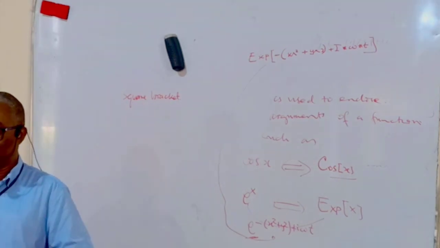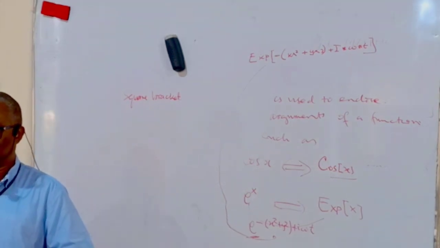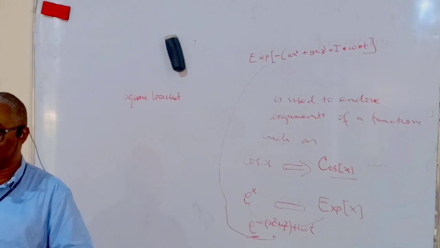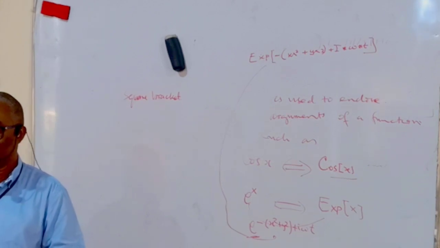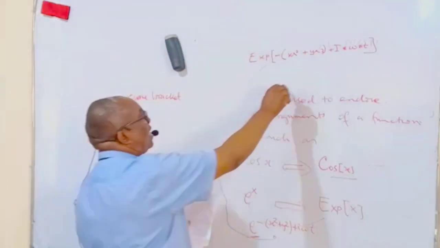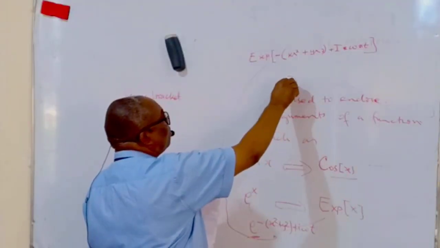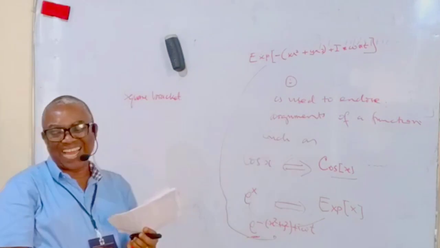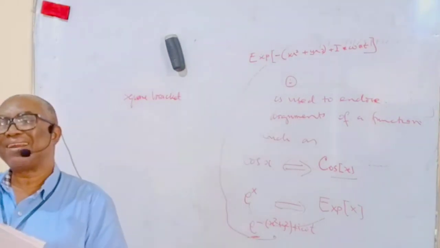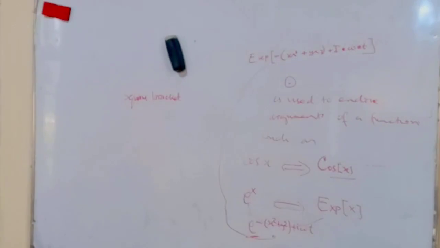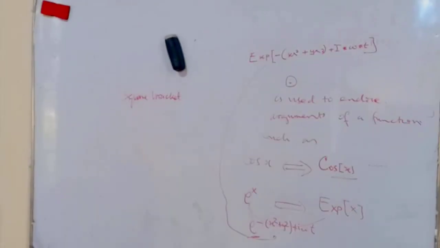I hope we are getting the concept. If you have any question, do not hesitate. Yes, you can also use it as small i, but the small i could be taken as an ordinary i, because the imaginary number is understood in Mathematica as a capital I. So each one has its own syntax.